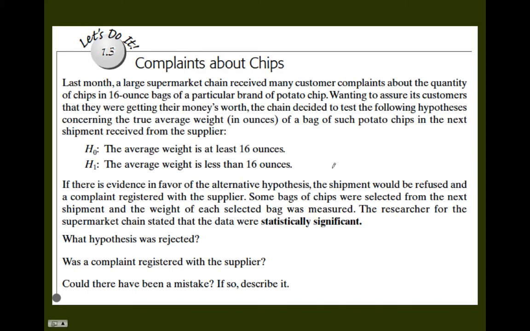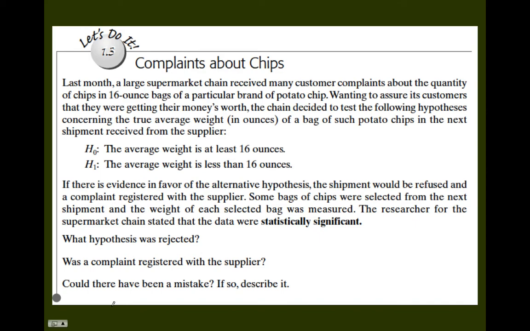So here is the statistical hypothesis. The theory is the average weight is less than 16 ounces. The null hypothesis is that the average weight is at least 16 ounces. So the company's saying, yeah, we're putting at least 16 ounces in, but customers are thinking, nah, I think there's less than 16 ounces. That's our theory.